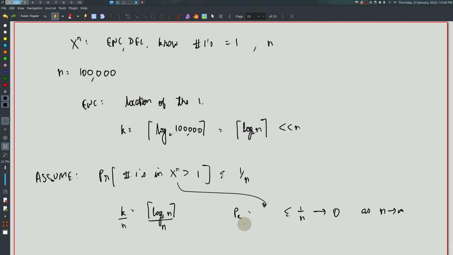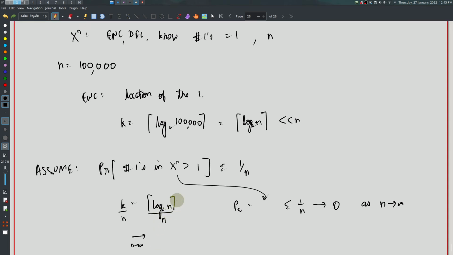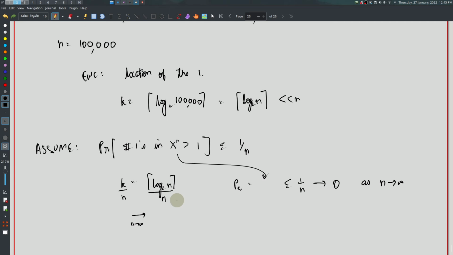So therefore you have a scheme with vanishing error probability. The rate is small. It is much smaller than n. In fact, what happens to this as n tends to infinity? What does log n over n tend to as n tends to infinity? Yes, it tends to 0. So for asymptotically large n, you are achieving vanishing error probability.